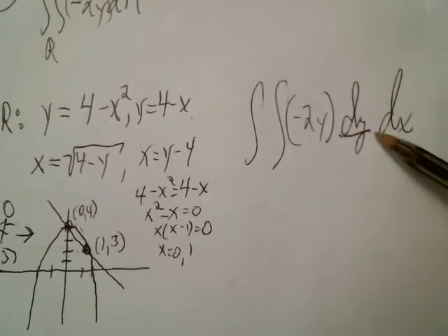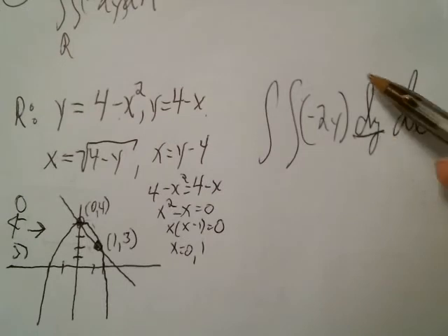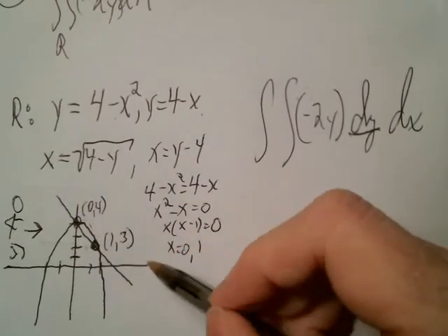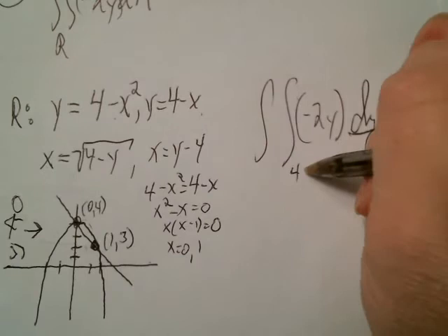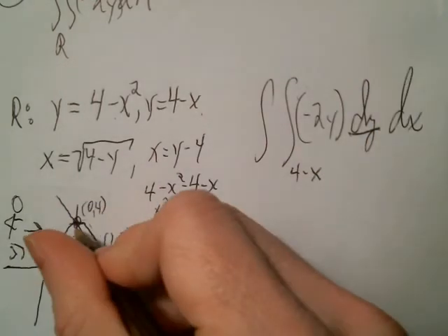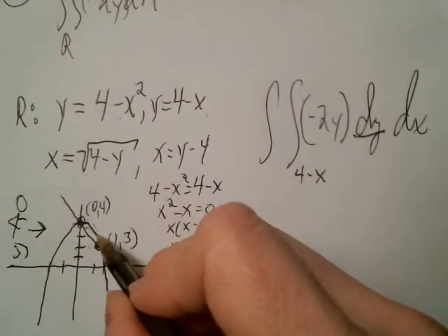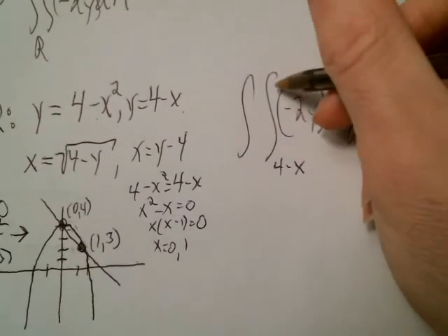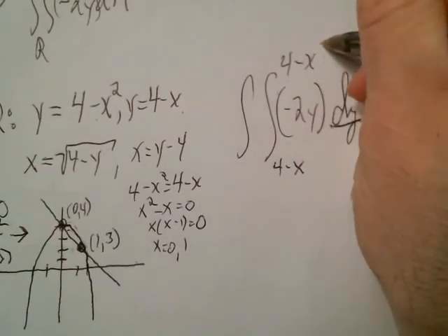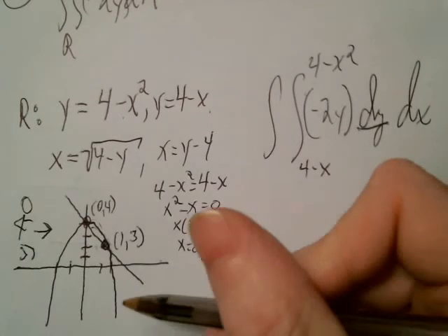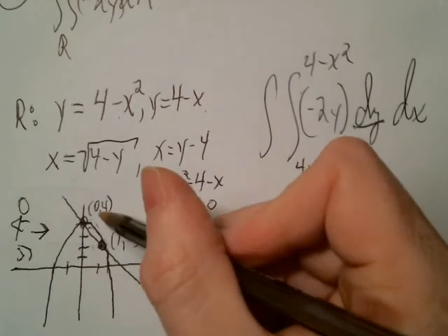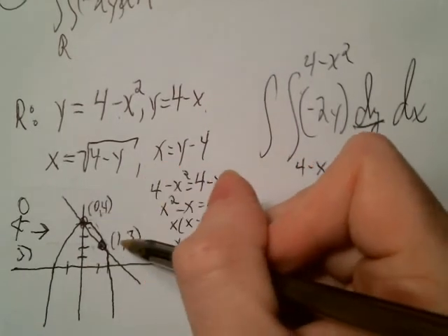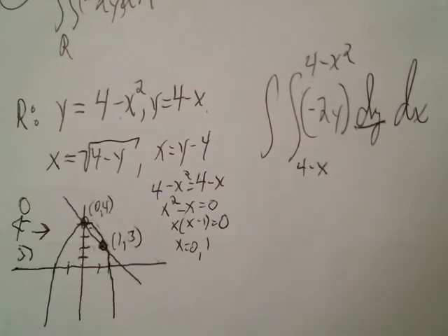Okay, so y goes from one curve, the bottom curve, to the top curve. So the bottom curve is 4 minus x. And then the top curve is the parabola. Okay. So the top curve is 4 minus x squared. And then the Riemann man is running from x equals 0 to x equals 1. Okay, 0 to 1.